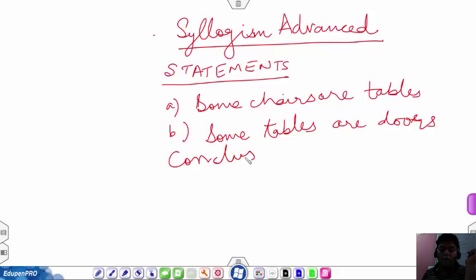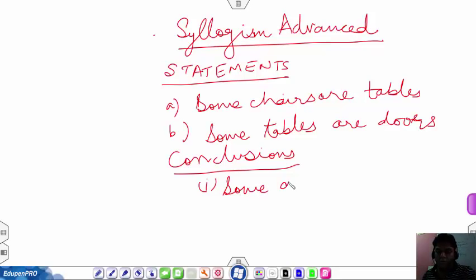Now the following conclusions are given based upon these two statements, right? Now the first conclusion says some doors are chairs. The second says no chair is a door.